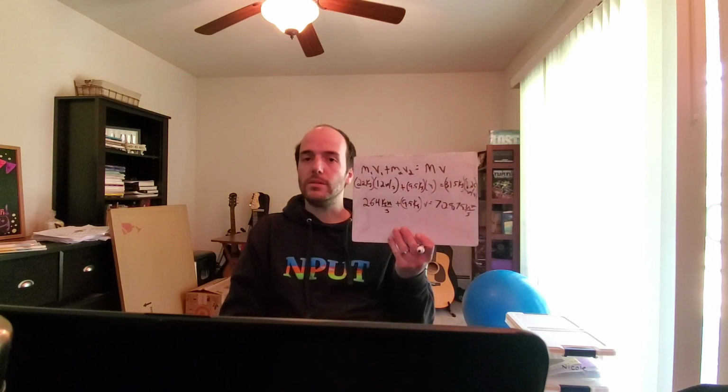22 times 12 is 264 kilogram meters per second, plus 9.5 kilograms times V, equals 70.875 kilogram meters per second. All right, now let's rearrange.